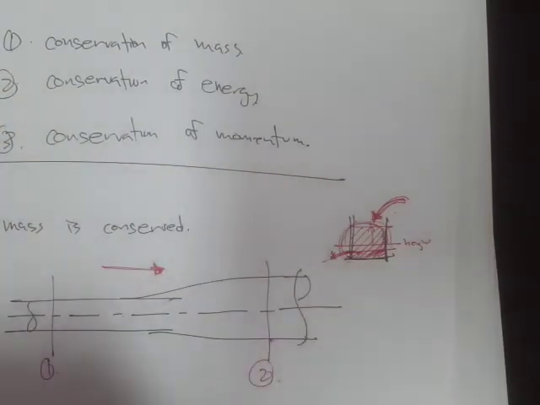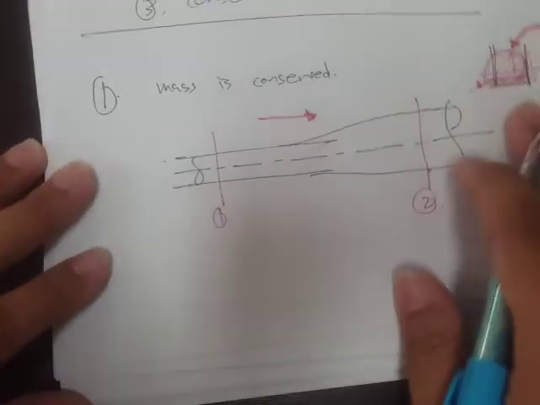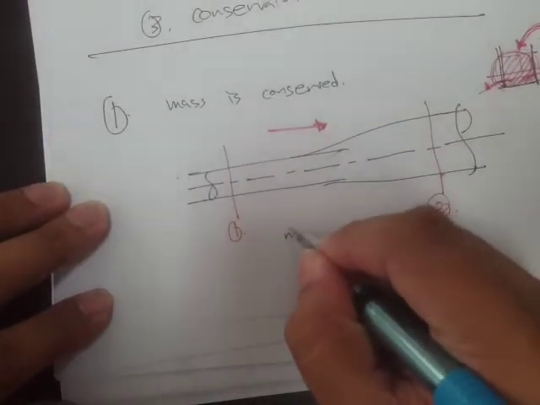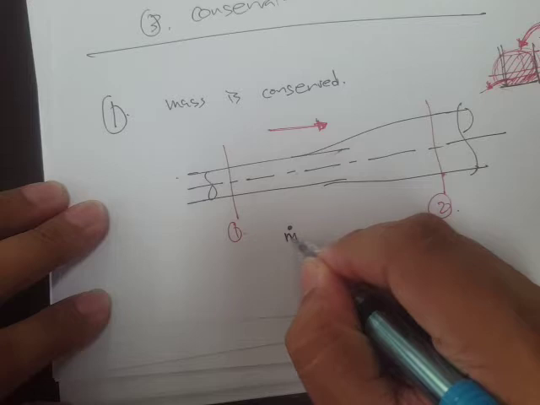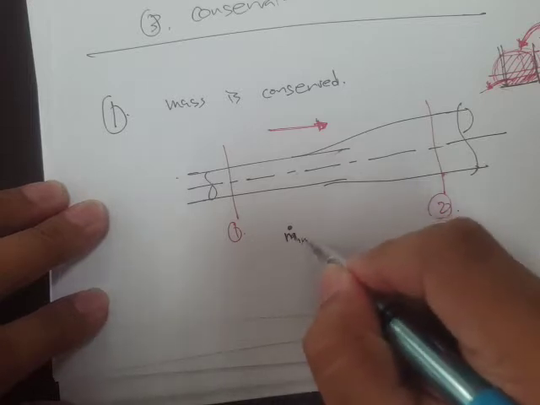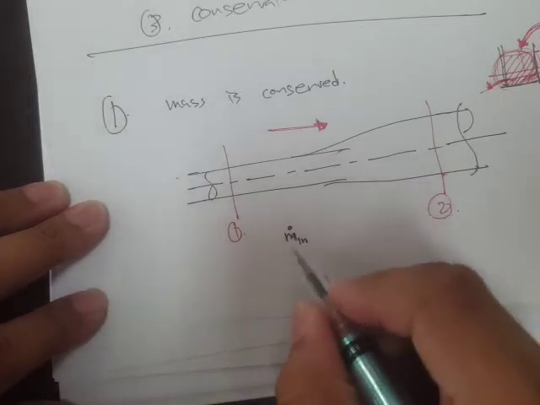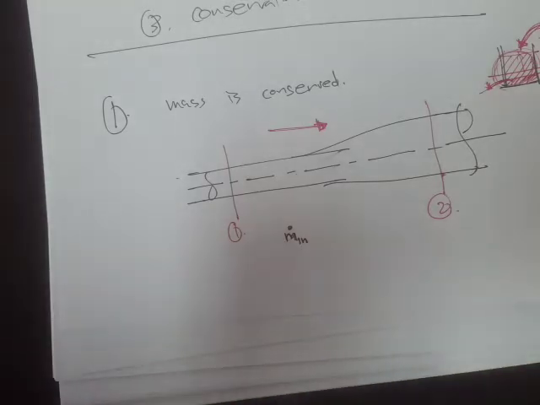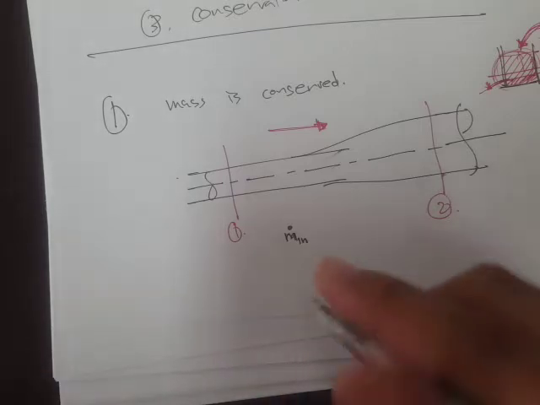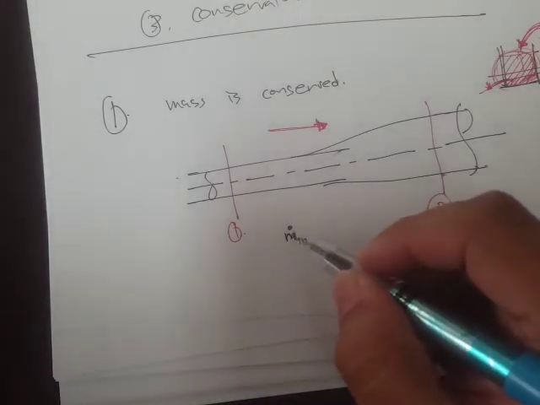Mathematically, we can write the mass flow rate, by the way, that's m dot, denoting that this is mass per unit time because we're talking about motion, about fluids that flow.